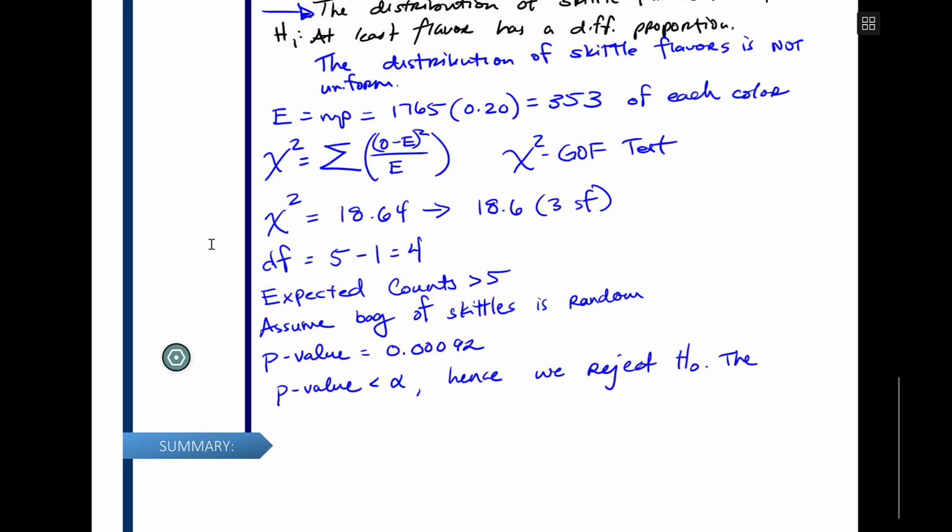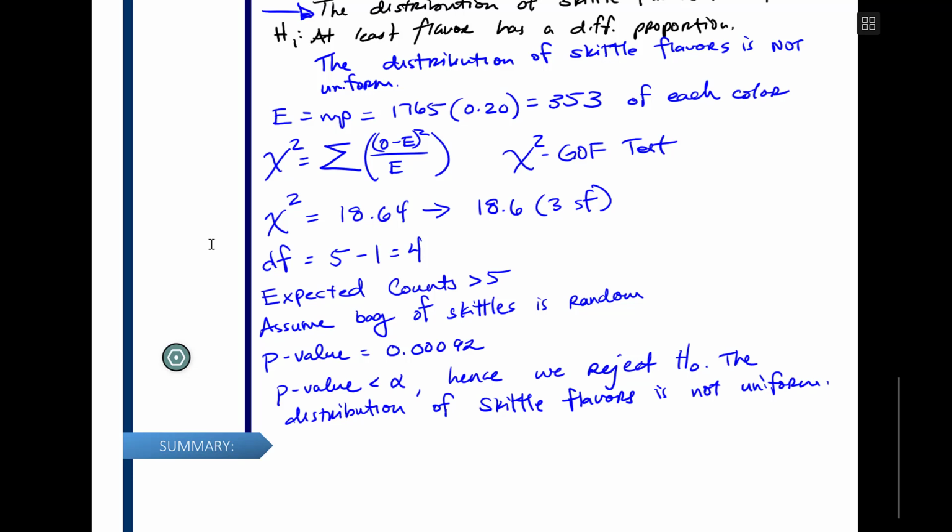The distribution of Skittles flavors is not uniform. We have statistically significant evidence, based on this very large sample, that the distribution is not uniform. Now, it might be pretty close, but it's definitely not uniform. At least that's what our sample of 1,765 Skittles happened to show.